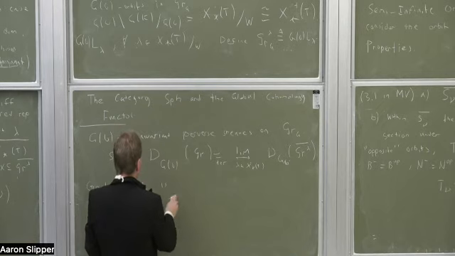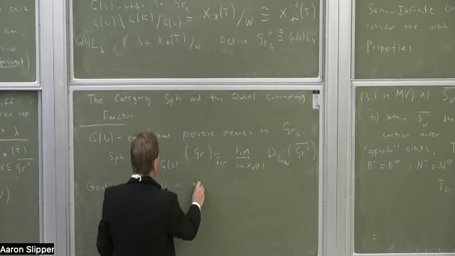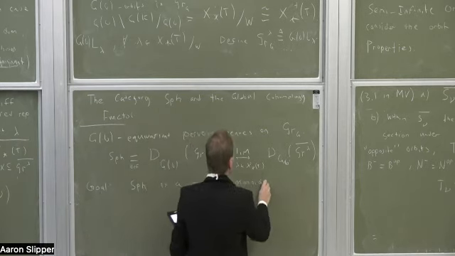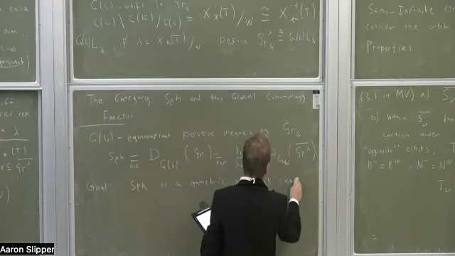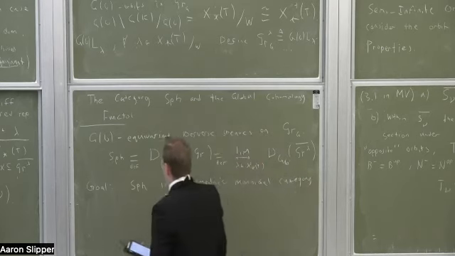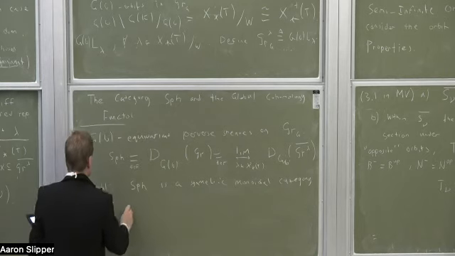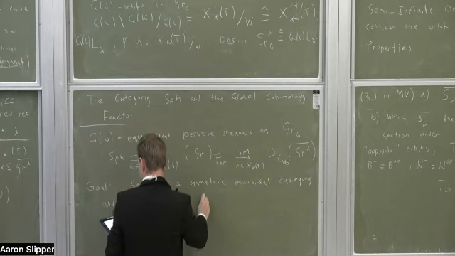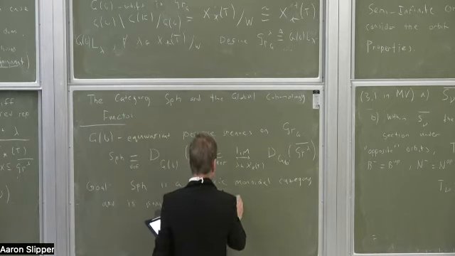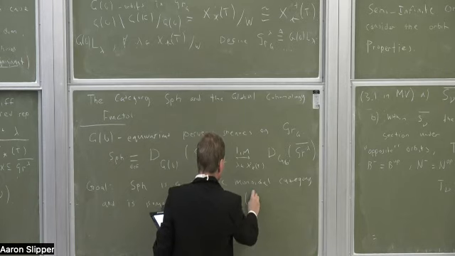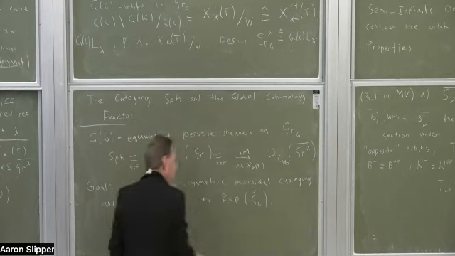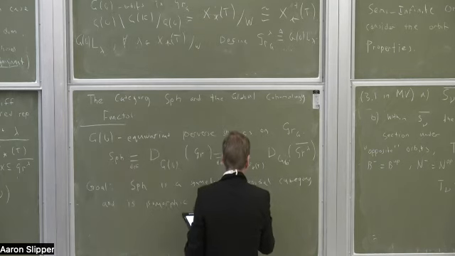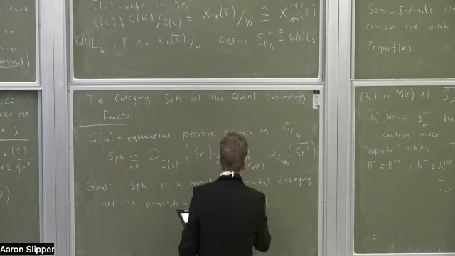So the spherical category is a symmetric monoidal category, and moreover is isomorphic to Rep of G-check, where G-check is the Langlands dual, which is a complex group.